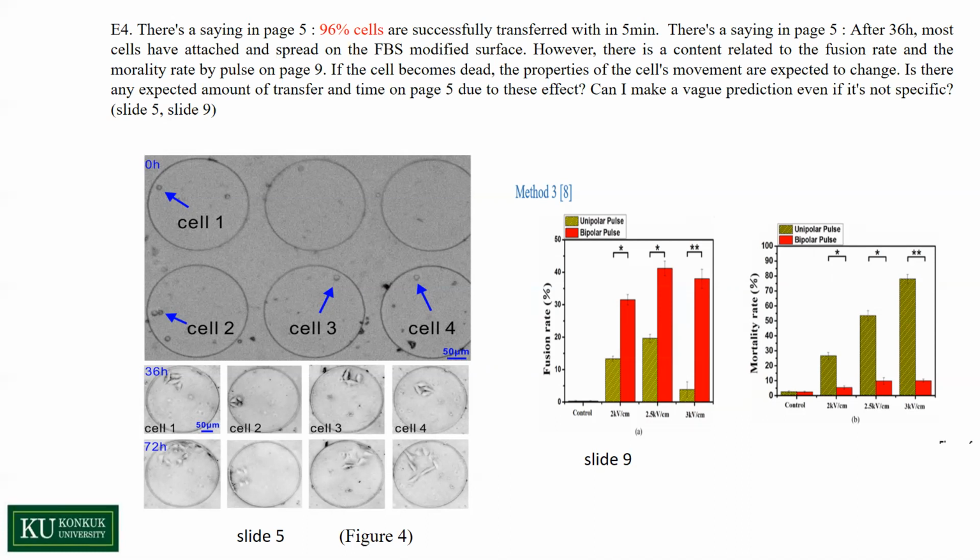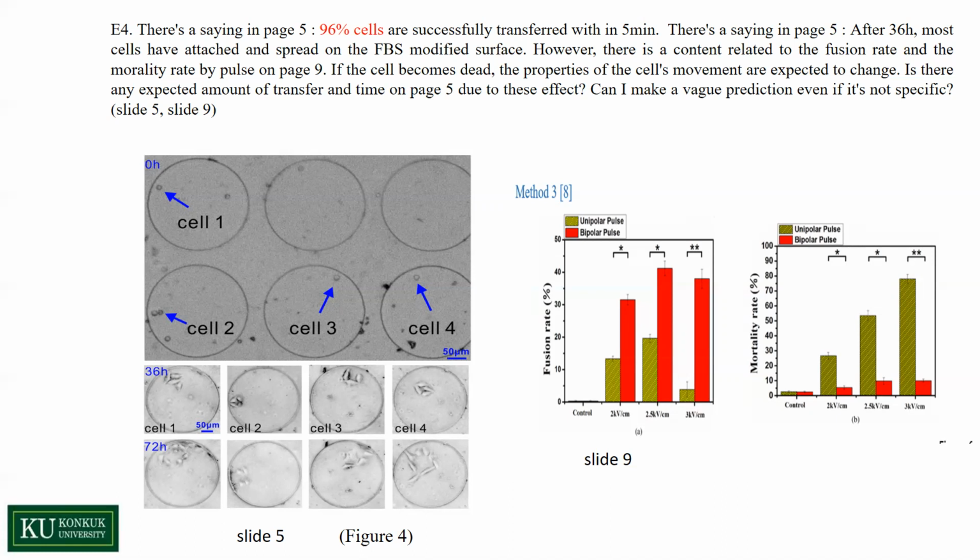So after the fusion, the rest of the cells are transferred to the upper portion for cell culture. At that time, 96% of cells are successfully transferred, which are fused in the lower portion.